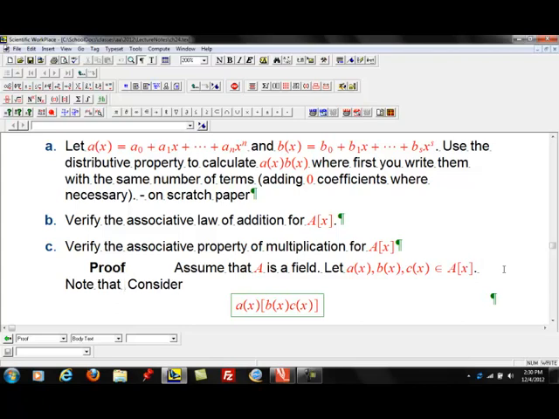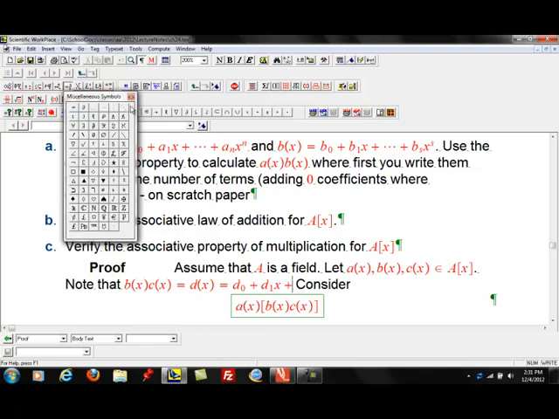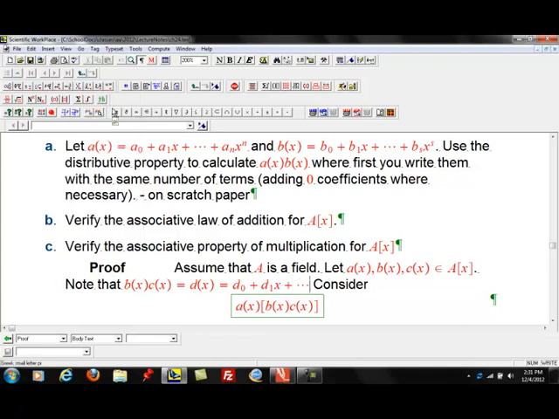By our formula, if we do B of x times C of x, that's equal to something the book is just going to call some D of x, which is equal to D0 plus D1x plus dots up to D2n x to the 2n, because we're going to assume that the number of terms is n for each of them, where we've added 0 terms as necessary, like we did in multiplying.